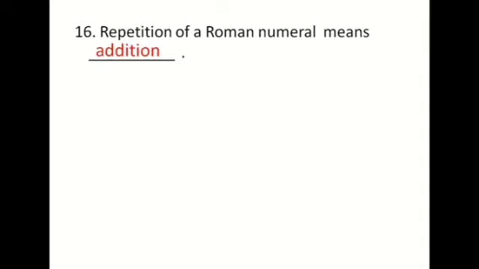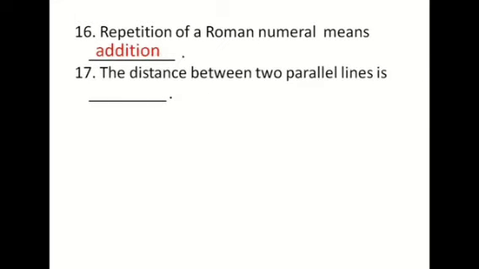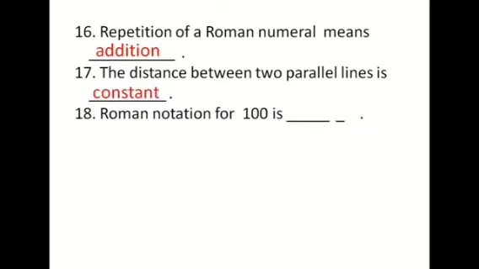Addition. Next one, 17th one. The distance between two parallel lines is always constant. Next one, Roman notation for 100 is, what is that? One of the basic symbols. It is C.